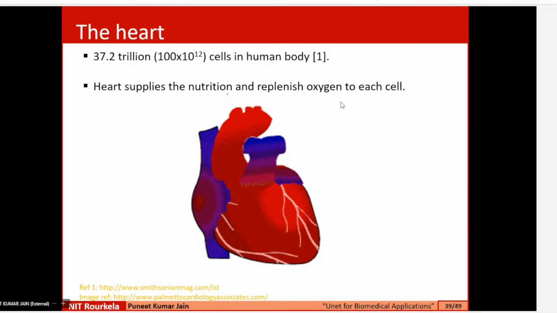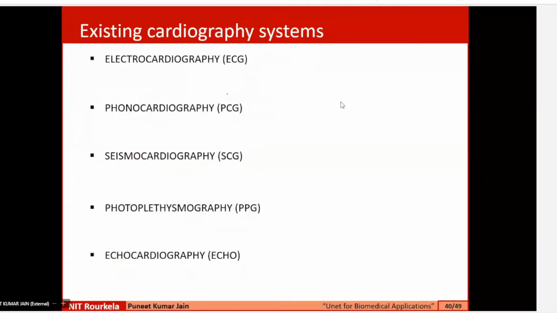There are around 37.2 trillion cells in the human body, and the heart provides replenished oxygen to each cell. That's why the heart functionality is very critical for the human body. Now, to analyze the functionality of the heart, there are different modalities, like electrocardiography, phonocardiography.